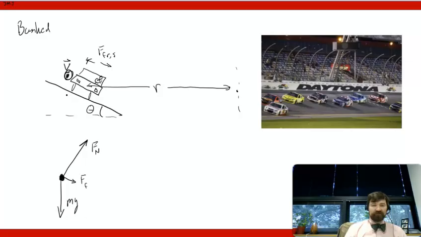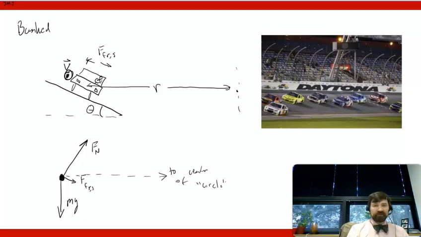We'll say F friction, static. And again, this direction right here, if I draw my dashed line, this is my centripetal direction. So this is to center of circle.